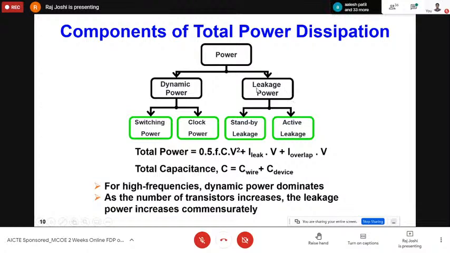Leakage power is standby power, meaning if you charge your instrument or appliance, over a period of time it will leak even if it is shut down, because the chips inside have leaky transistors that start leaking. In order to avoid that, there are various techniques, but one has to understand what component of the power you are trying to lower.